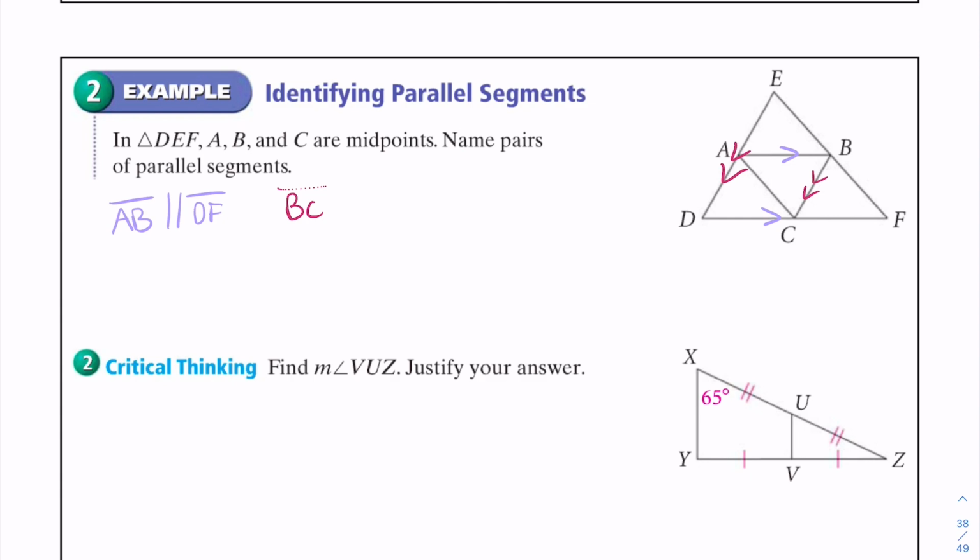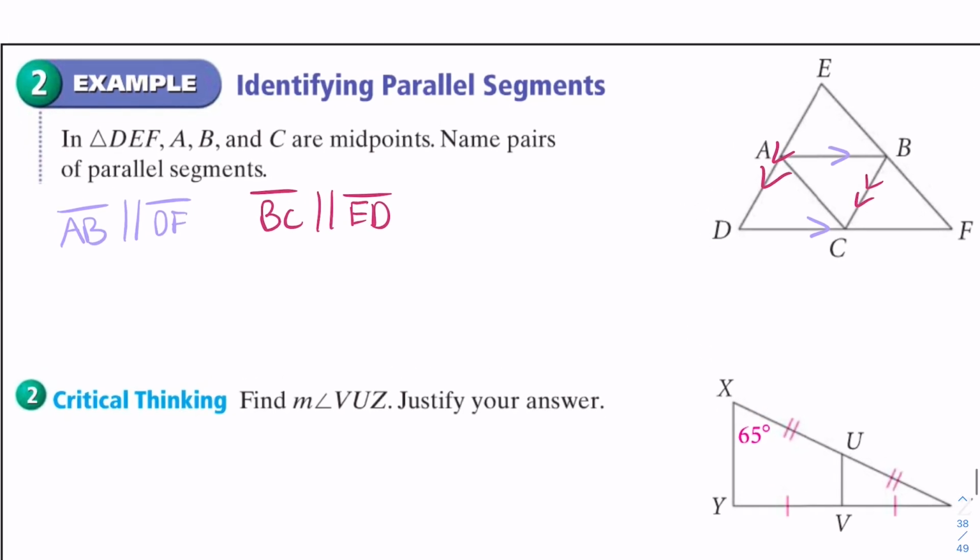BC is parallel to ED. This is a parallel symbol. Really should be a little bit longer. That means parallel.